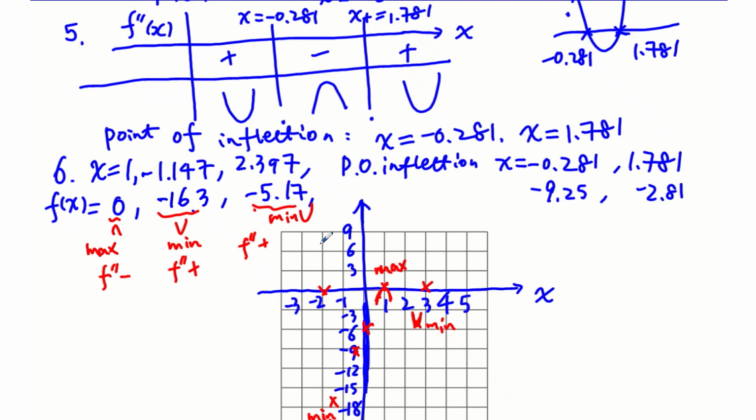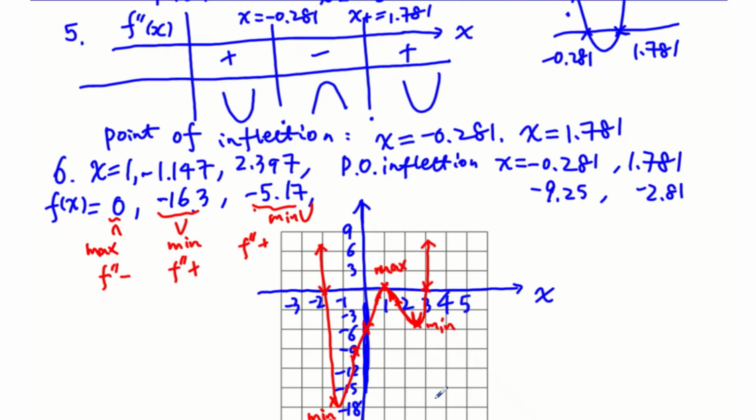On the right side it is concave down, from here to (1.78, 0). This part opens down. And after 1.78 it opens up again, so from here it is concave up again.